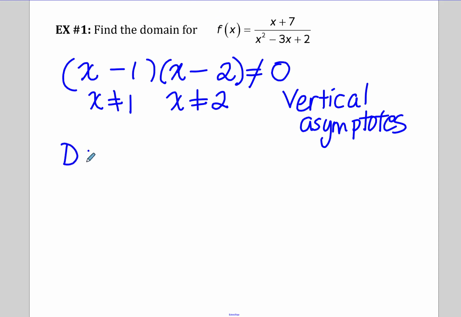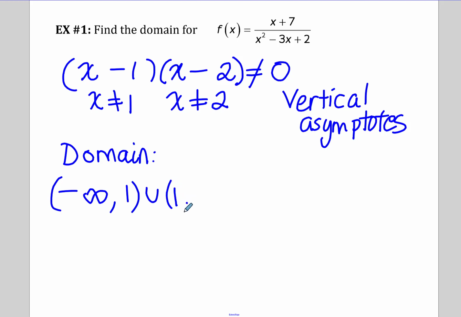And in that case, the domain would be all real numbers except for the 2 breaks in the graph. So the first break would happen at 1, and then we would go from 1 to 2, and then from 2 to infinity. So the domain is all reals except 1 and 2.